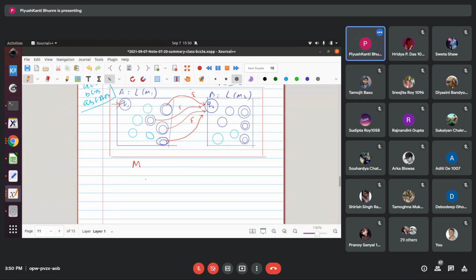Note that what I want to do is take a string x in A. Starting from q1, if it receives x, then it will reach here.